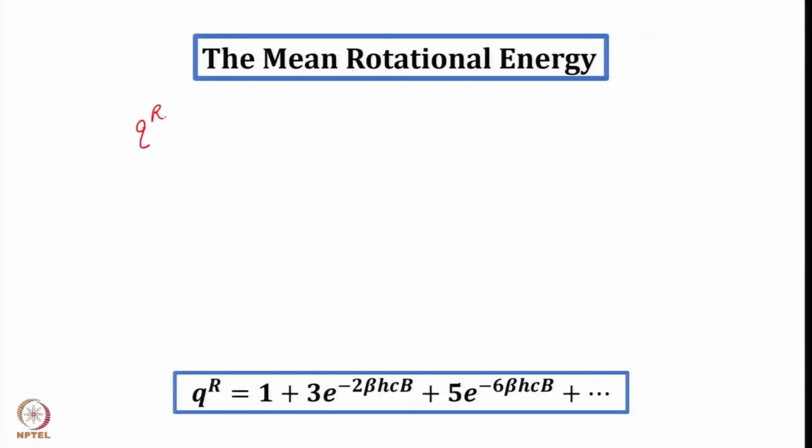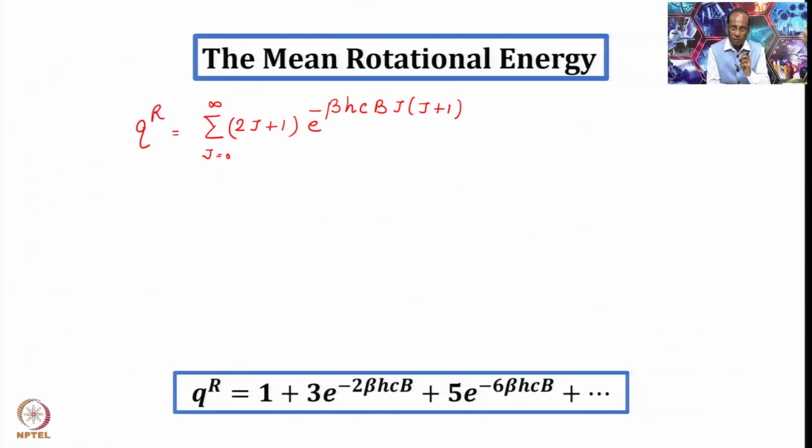Rotational partition function is given by summation j equal to 0 to infinity, 2j plus 1 is the degeneracy term, exponential minus beta h c B j into j plus 1, where j is the rotational quantum number.